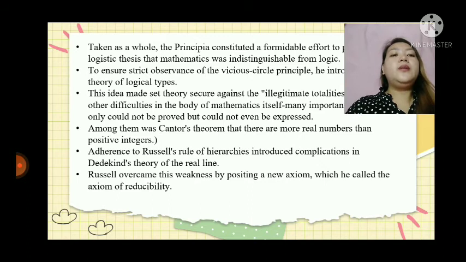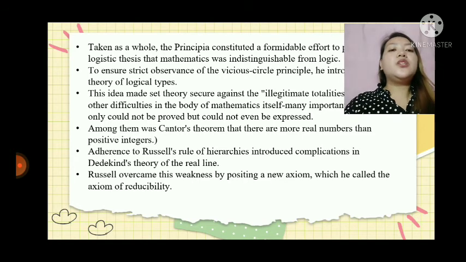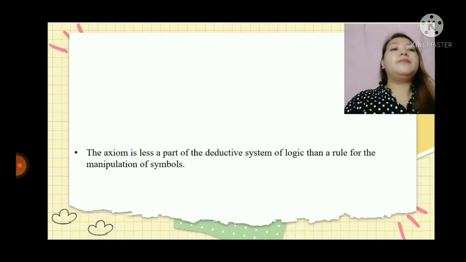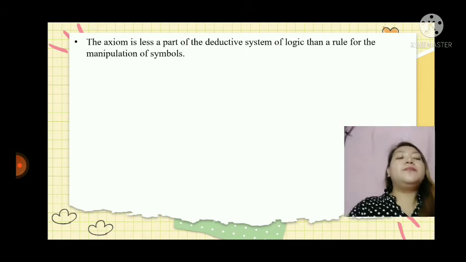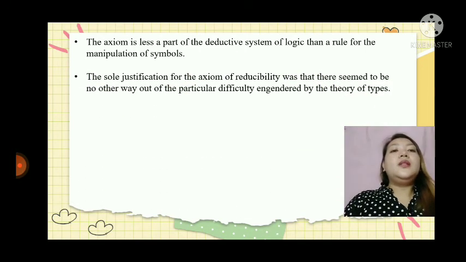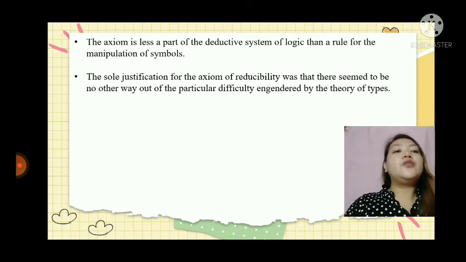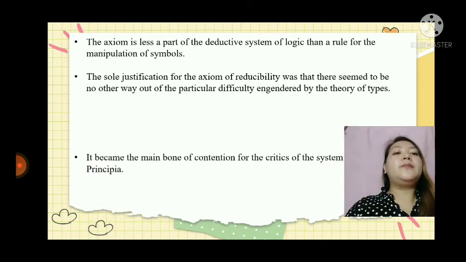Russell overcame these weaknesses by positing a new axiom, which he called the axiom of reducibility. The axiom is less a part of the deductive system of logic than a rule for manipulating symbols. The sole justification for the axiom of reducibility was that there seems to be no other way out of the particular difficulties engendered by the theory of types.